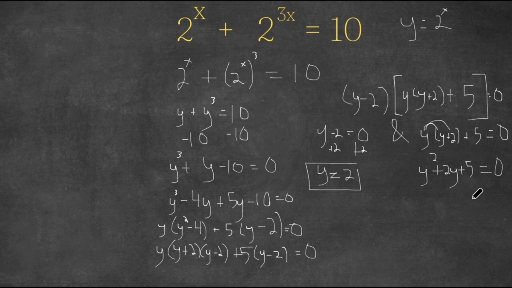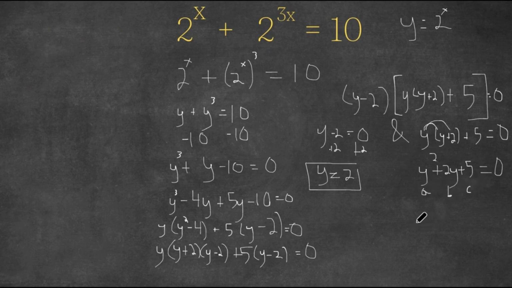And now, as you see, we have a quadratic equation here, and we want to solve this, so we're going to use our quadratic formula: negative b plus or minus the square root of b squared minus 4ac all over 2a. Remember, y squared is a, 2y is b, and 5 is c.